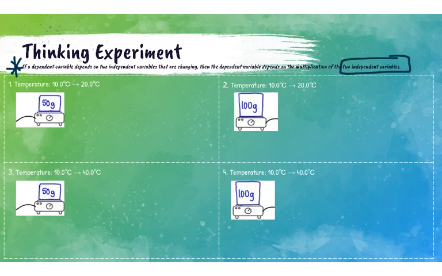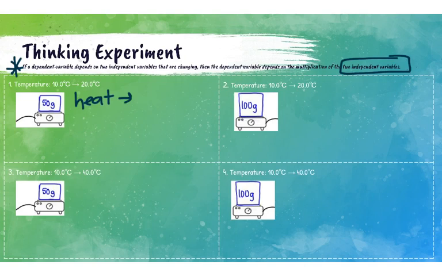In our first setup, we have a temperature of 10 degrees Celsius that is going to increase to 20, and we have a mass of 50 grams. In order to raise that temperature, we're going to need a certain amount of energy, which we know as heat.